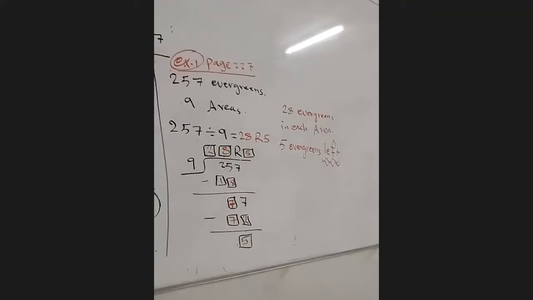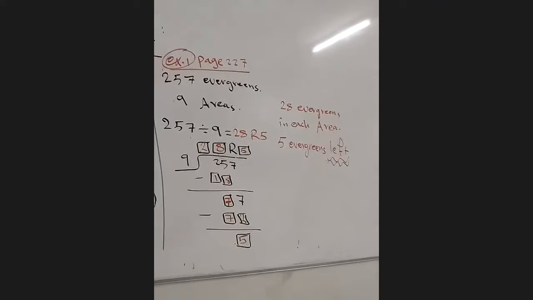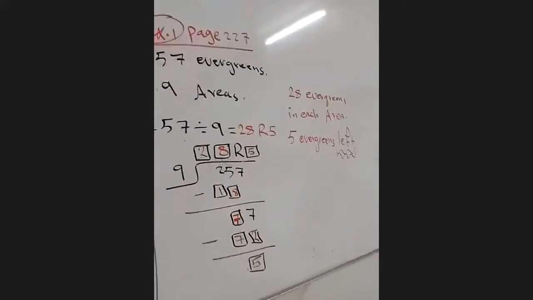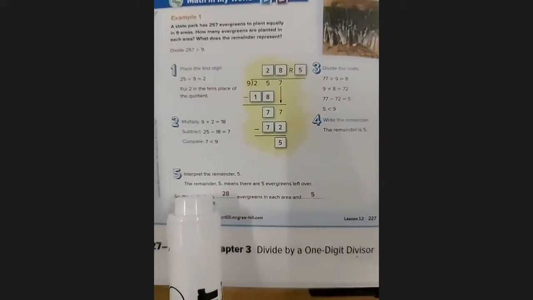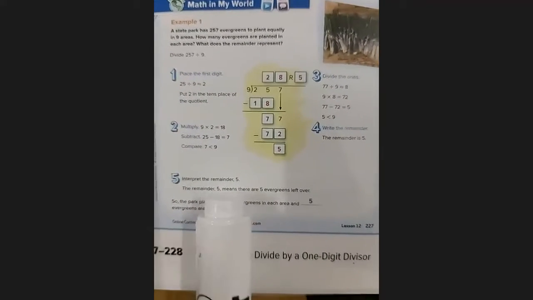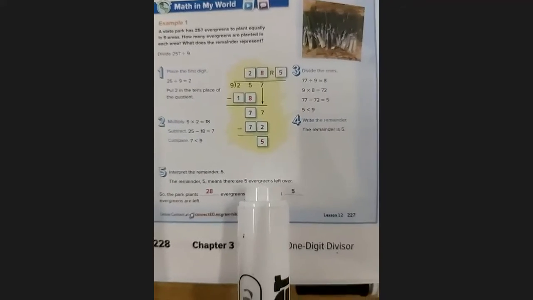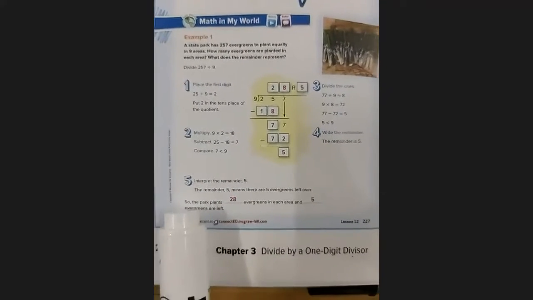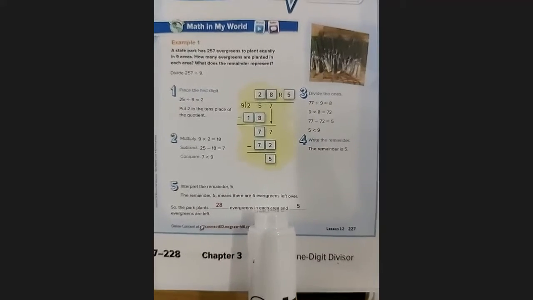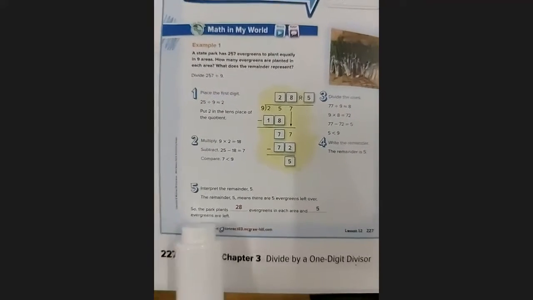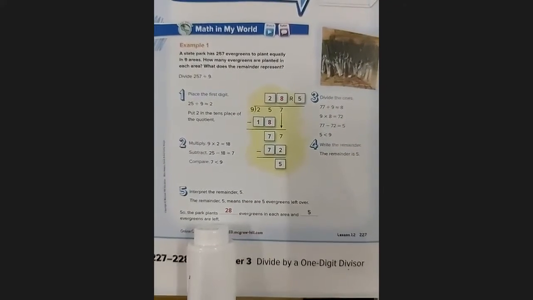This is example 1, guys, and I hope you fill it in here. Now let's go down. The remainder 5 means there are 5 evergreens left over. So the park plants 28 evergreens in each area, and 5 evergreens are left.